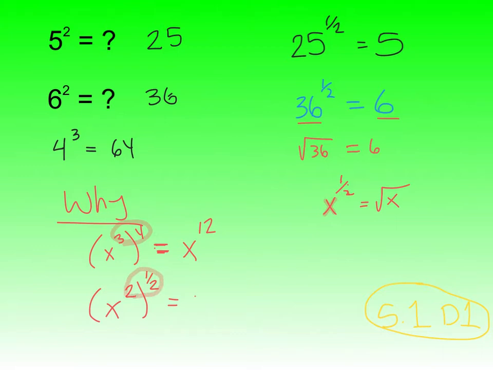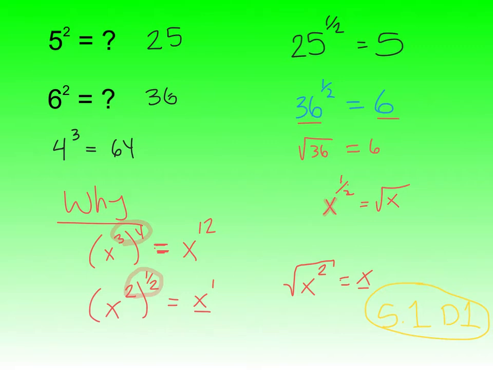And 2 times 1/2 is just 1, which is x to the first, or just x. That's the same concept. If I had x squared and I took the square root, that is going to become just x, which is the same thing as x to the first. So that's how the square root is the same as an exponent of 1/2.